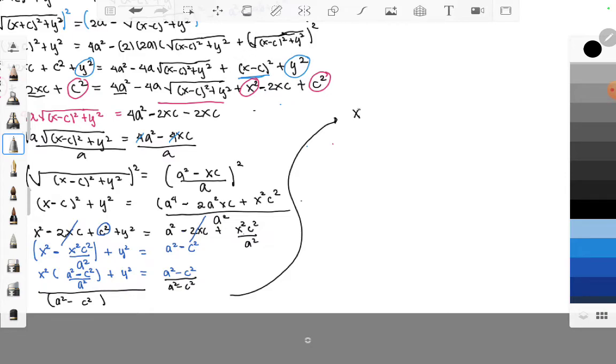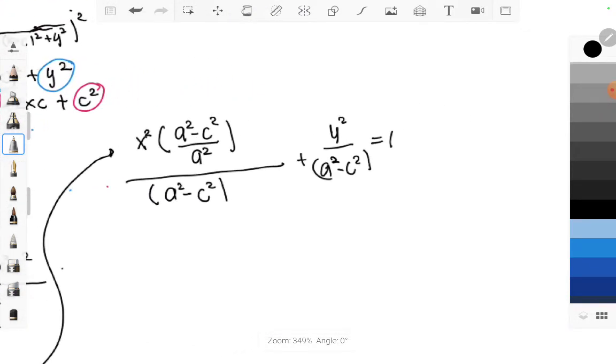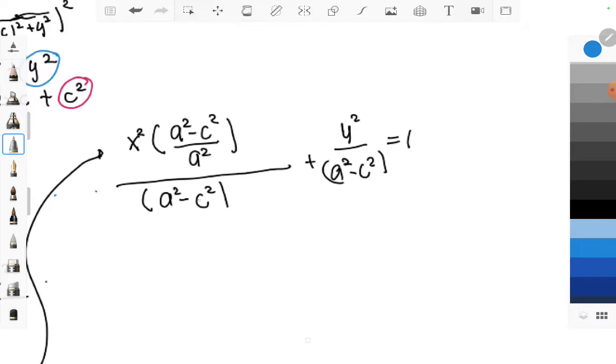So we will have x squared multiplied by (a squared minus c squared) all over a squared, divided by a squared minus c squared, plus, of course, by property of fractions, y squared divided by a squared minus c squared. So a squared minus c squared divided by a squared minus c squared is equal to 1, so this will cancel out.